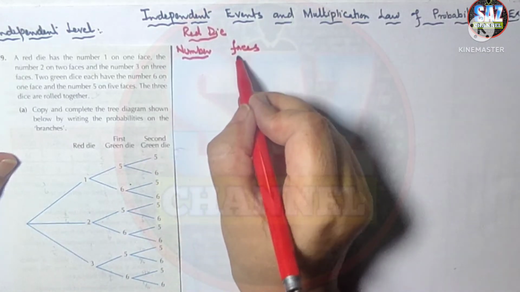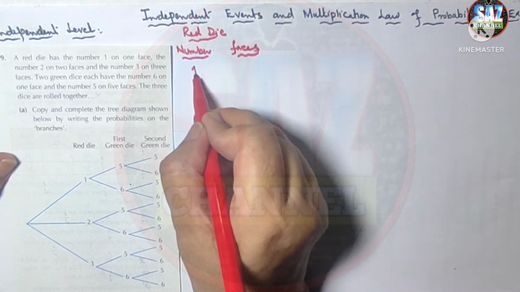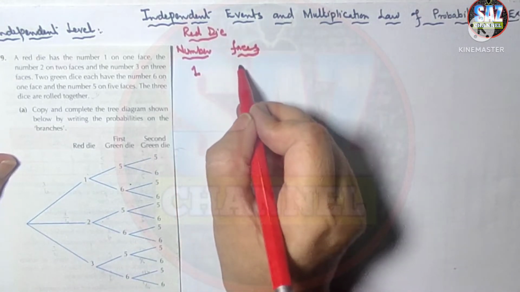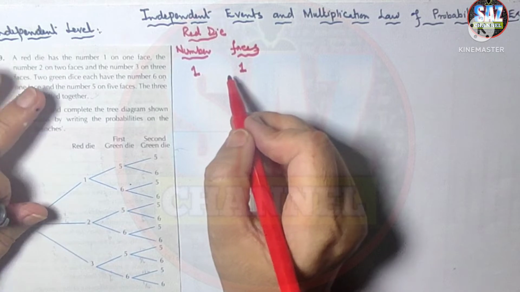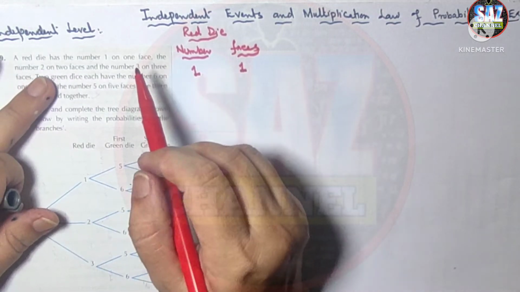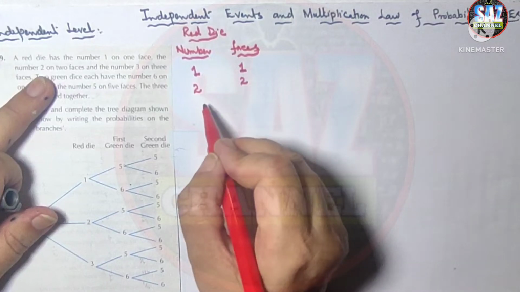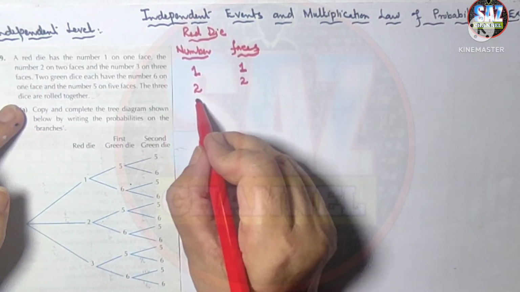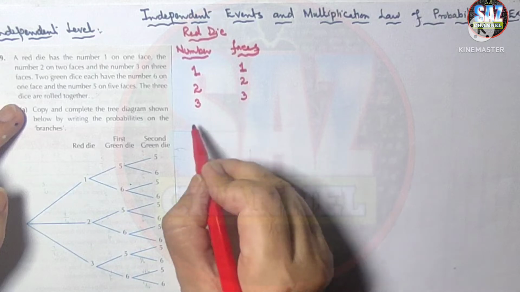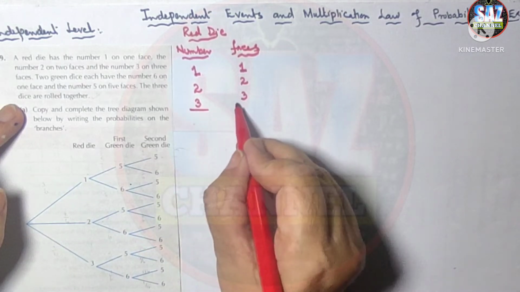Number 1 is written on how many faces? 1 face. Number 2 is written on 2 faces, and number 3 is written on 3 faces, and the total is 6.